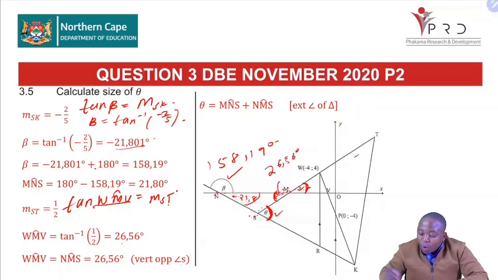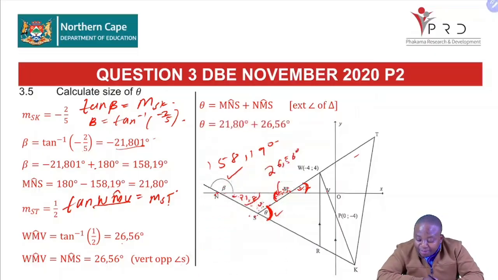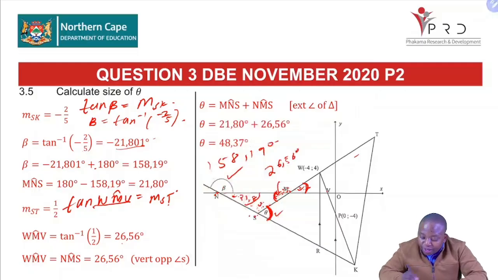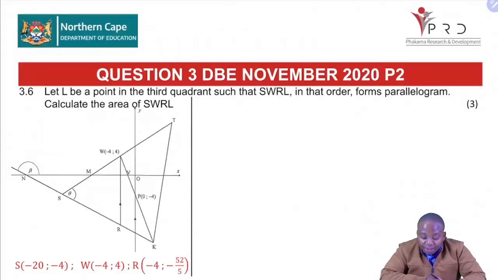We can use that, or we can use the sum of the interior angles of a triangle, find this angle and that angle on a straight line. Then I can find that my theta is going to be 48,37 in this case. So that's how we found the angle theta.